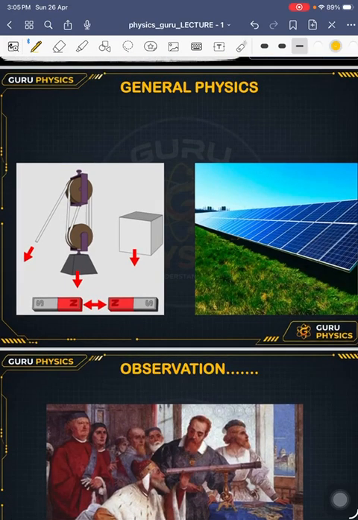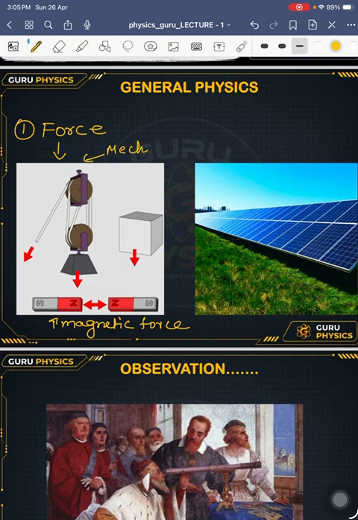We have seen that in physics, basically, we have two ideas which we must understand as per the curriculum. The first idea is the idea of force. You can look here in the picture: these are magnetic forces, and these are some kind of mechanical forces concerned with machinery, and this is just a force on a block.